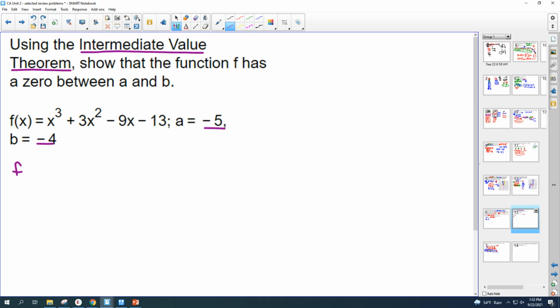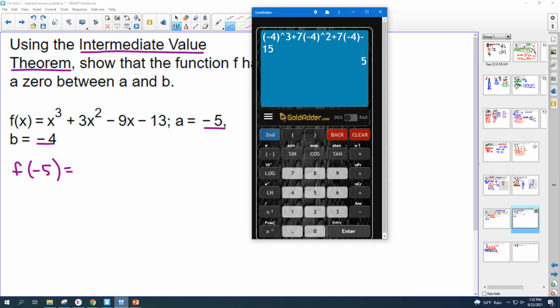So let's just plug in, because you probably understand plugging in better. -5 cubed plus 3 times -5 squared minus 9 times -5 minus 13 is -18.